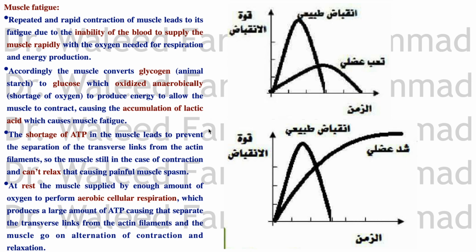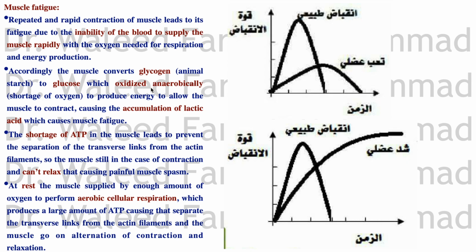Accordingly, the muscle converts glycogen. Now, ايه ال storage form of ATP in the muscle؟ ايه المادة اللي لو فككتها كده موجودة جوه المصل هتديك ATP؟ هي الجلايكوجين. جلايكوجين الانيمال ستارش او النشا الحيواني. الجلايكوجين turns to glucose and oxidized anaerobically without oxygen is present.